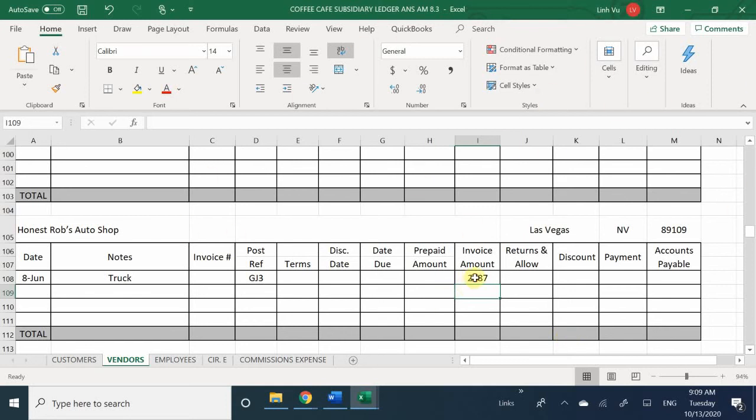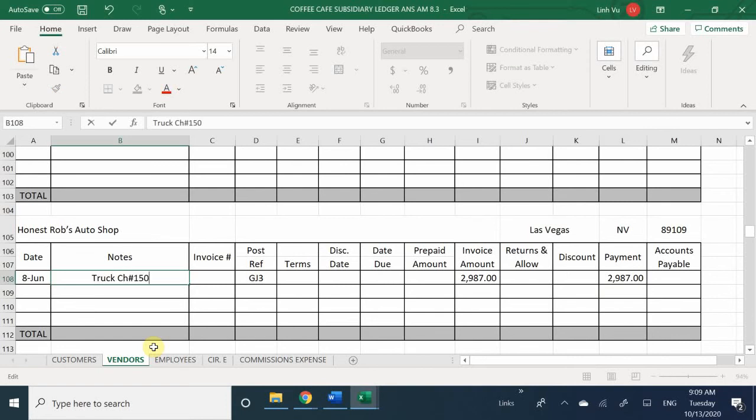Okay, so here I'm going to go ahead and plug in that I actually paid this amount, 2,987, just in case I need to go back and get a refund or return the truck because maybe we don't like the truck after all.